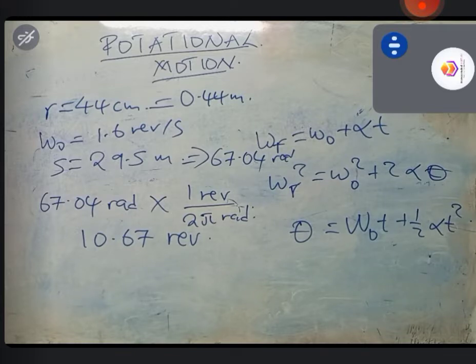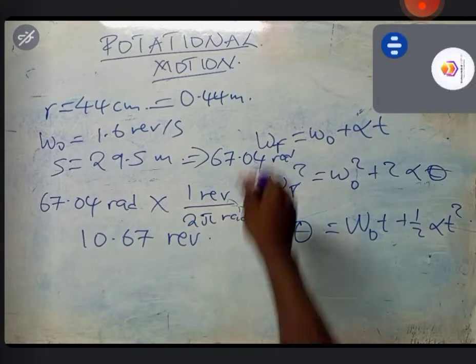I don't want to rush because I want you guys to understand. Okay, so now, did you get that 67.04 by dividing s by the radius? So what's the conversion formula, if I may ask? We said s is equal to what?